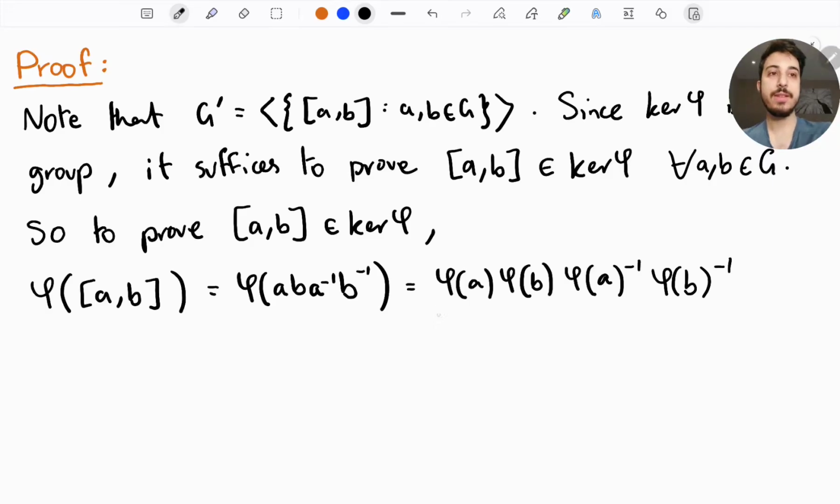And now, since these elements are in A, we're not in G anymore, remember?